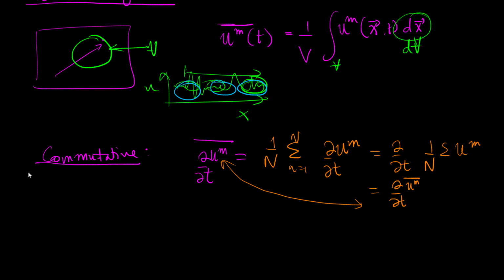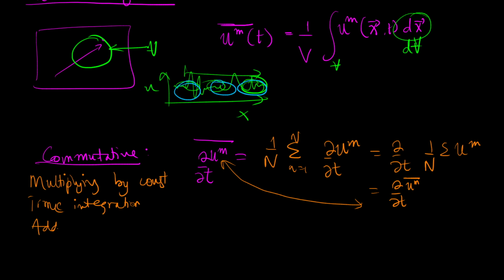Similarly, you can easily show that multiplying by a constant, time integration, addition, all these things are sort of commutative. But multiplying by another signal is not commutative. The mean of uv is not equal to the mean of u times the mean of v.